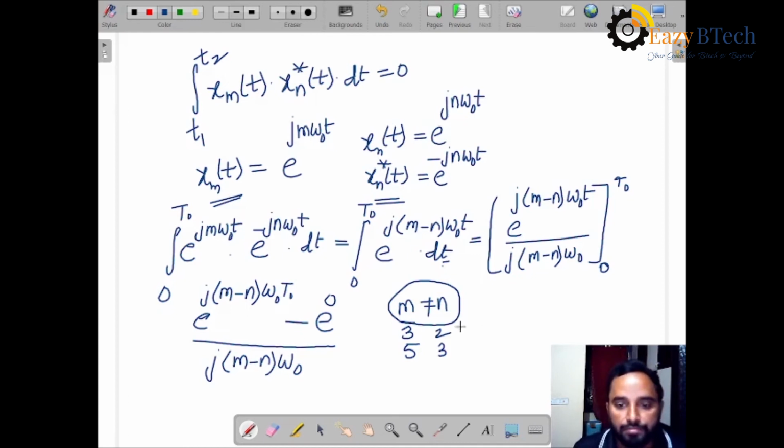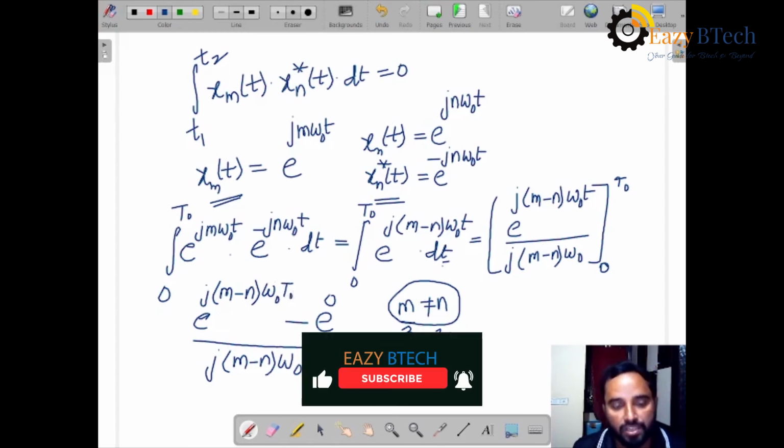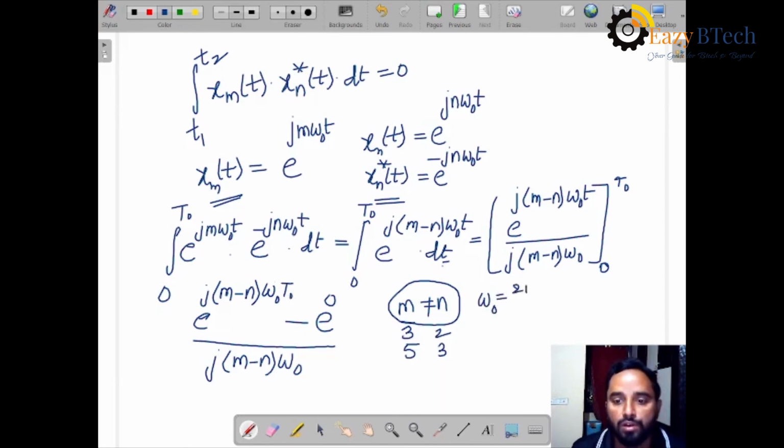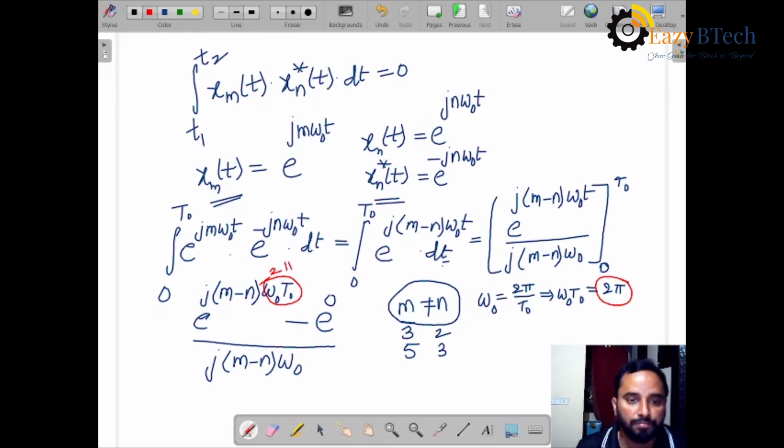Next, we have a relation between omega naught and t naught. Actually omega naught equals 2 pi by t naught, so omega naught t naught is the product 2 pi. So in the place of omega naught t naught, we can take 2 pi.